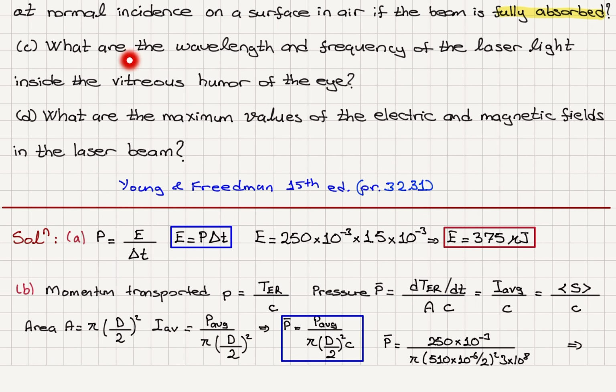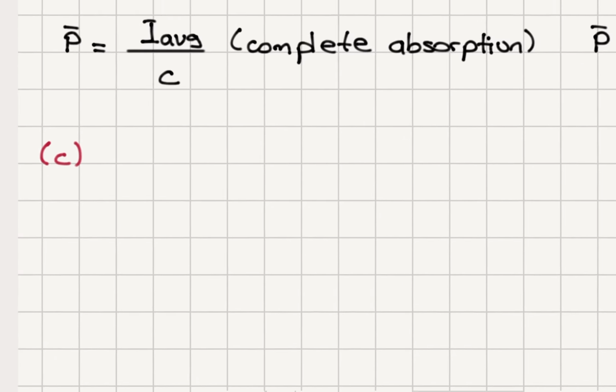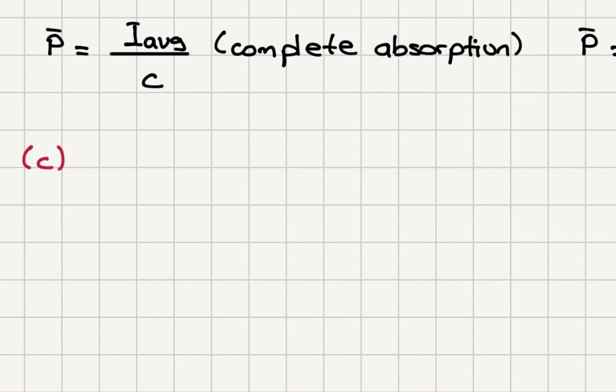What are the wavelength and frequency of the laser light inside the vitreous humor of the eye? When light enters a medium with index of refraction n, its wavelength decreases by a factor of n. So lambda prime is lambda divided by n.